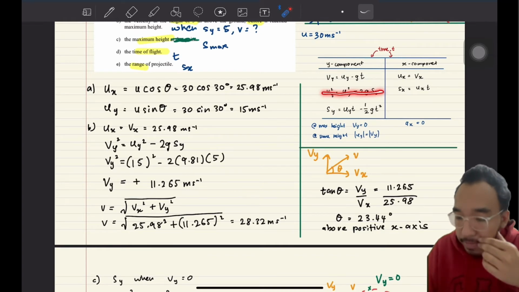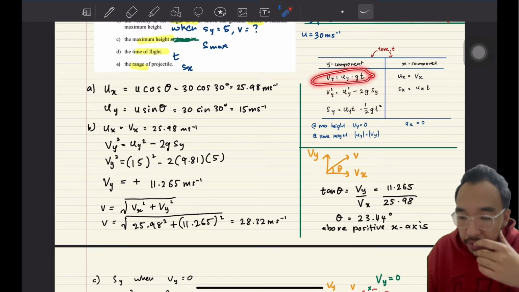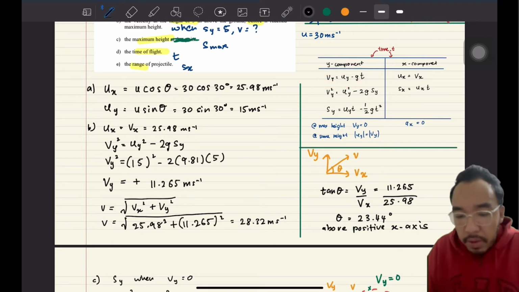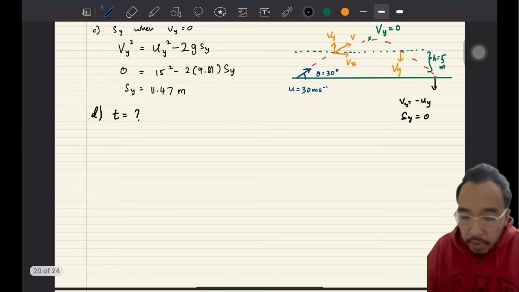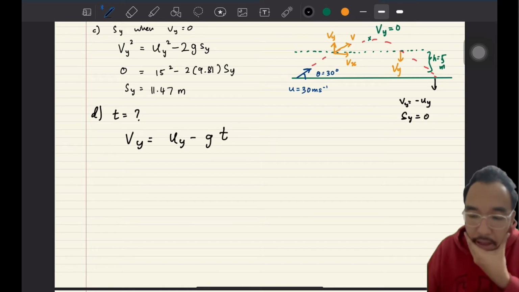You can use either this one or this one, but I tend to use this one. I think both can work. Maybe I will try this one first and see how it goes. That one has a square, so I don't want to use the square. So Vy equals Uy minus gt. Let's see how it goes.